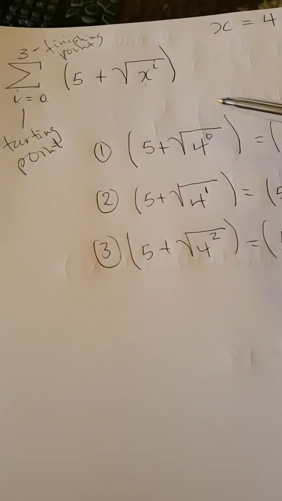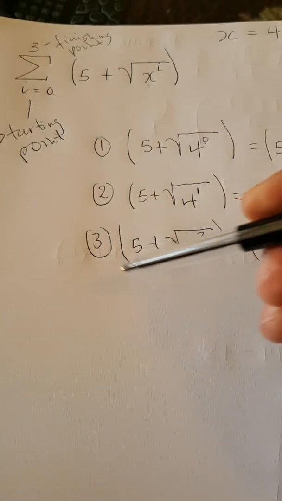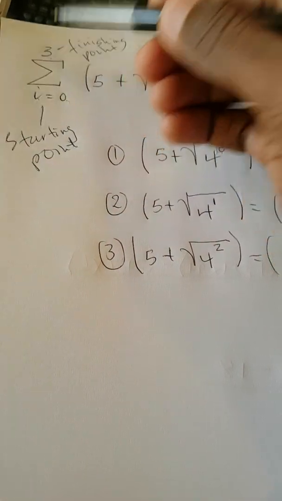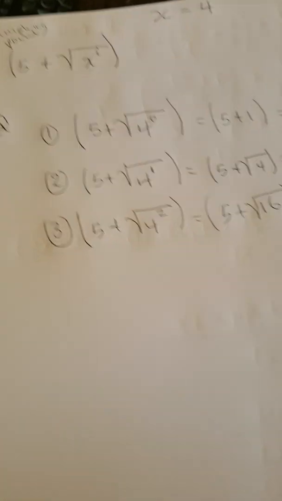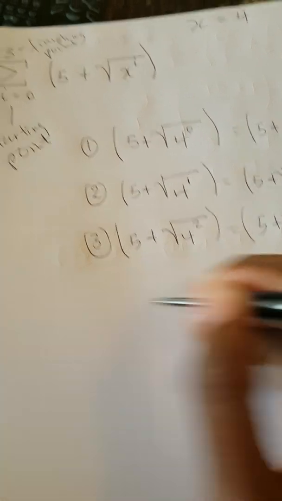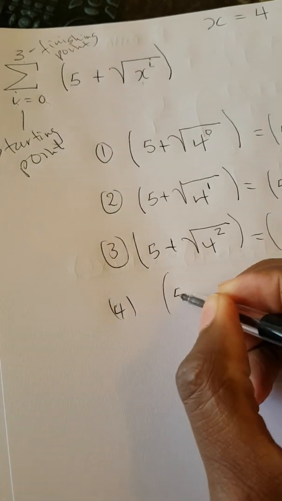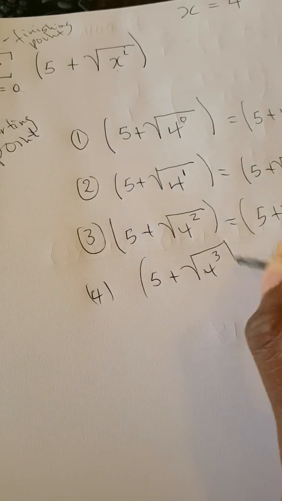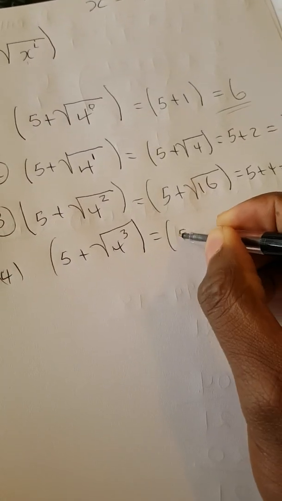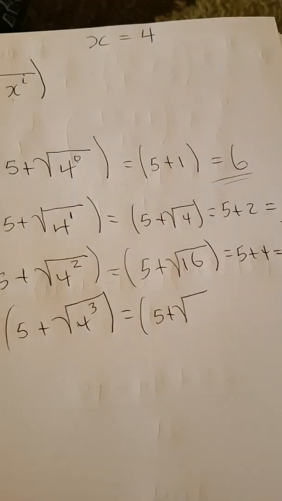Okay, so let's do the last stage. We did where i is equal to 0 because we're starting from 0, and where i is equal to 1, and where i is equal to 2. Now we have to do the last one where i is equal to 3, because 3 is our finishing point, and x will never change because x is always 4. So step number 4: bracket 5 plus square root of 4 to the power of 3, close bracket, is equal to 5 plus square root of, what is 4 to the power of 3?